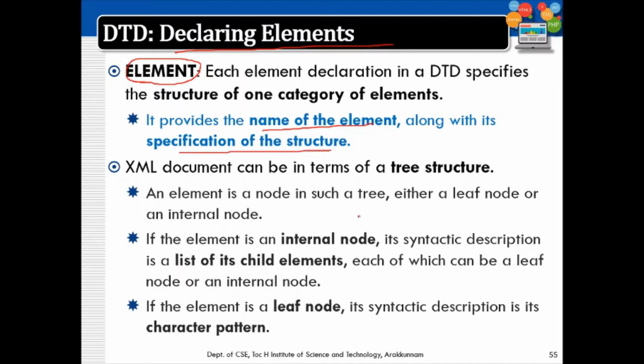We have to write the nested elements in the order in which they have to appear in the XML file. All the child elements must be mentioned inside any complex element. If it is a leaf node, the data type of the element will be a character pattern, which I have already shown as #PCDATA.